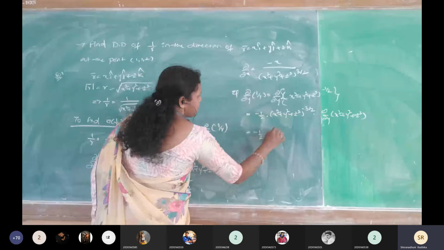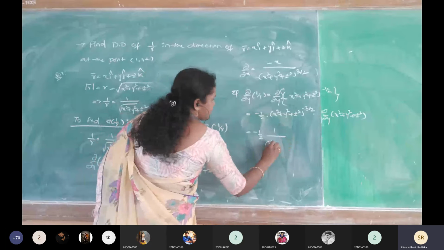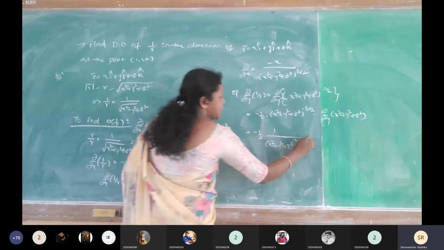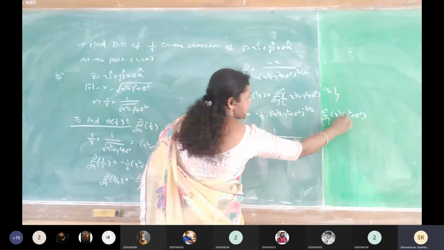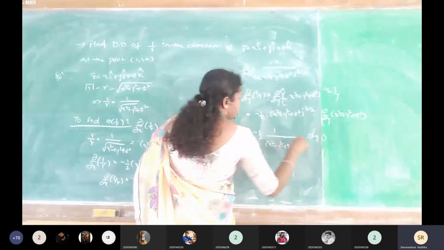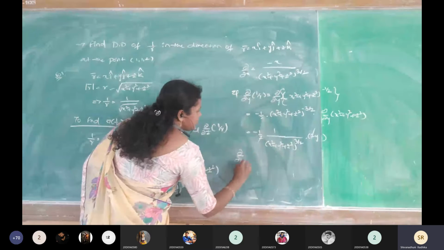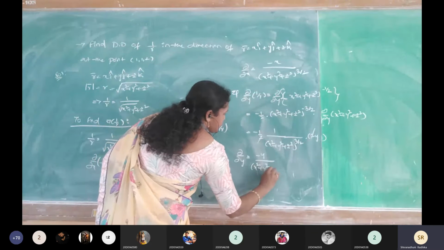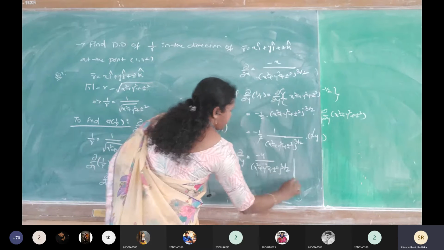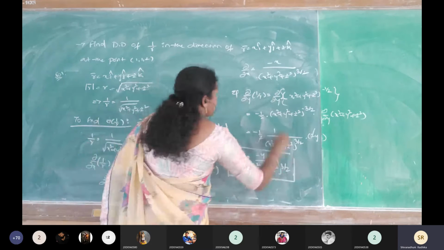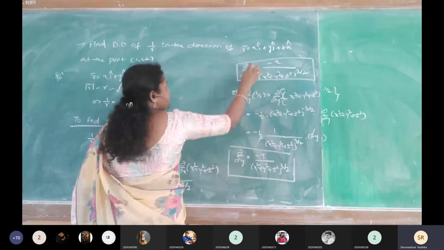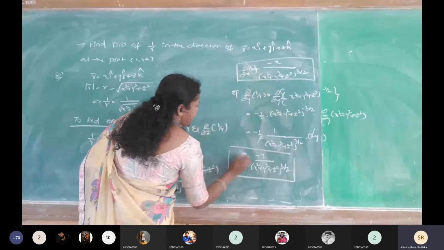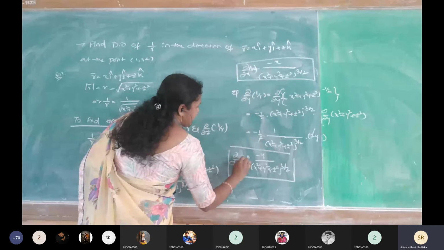Again minus 1 by 2, the denominator goes to the positive power, so to the power of 3 by 2. With respect to y, x square and z square are constants, y square derivative is 2y. The 2 gets cancelled. Del by del y of 1 by r is minus y by x square plus y square plus z square to the power of 3 by 2. This is del by del y, and here it is del by del x of 1 by r. Here it is del by del y of 1 by r.